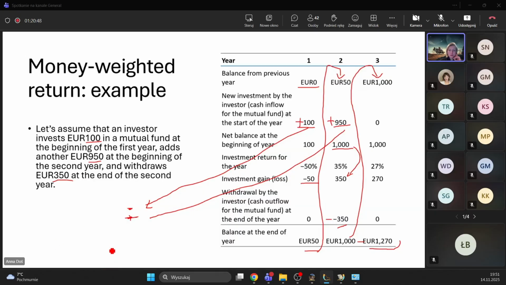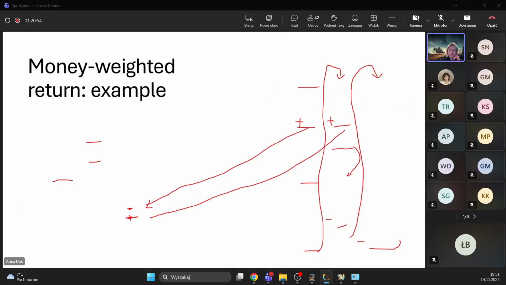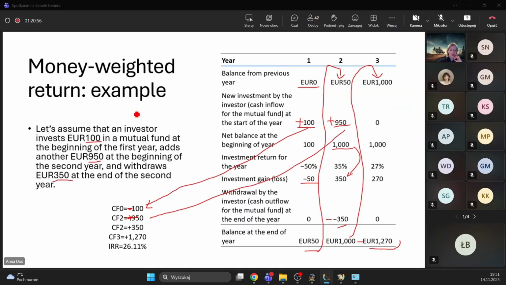This is the formula that we can use. So our formula is that our first cash flow is minus 100.